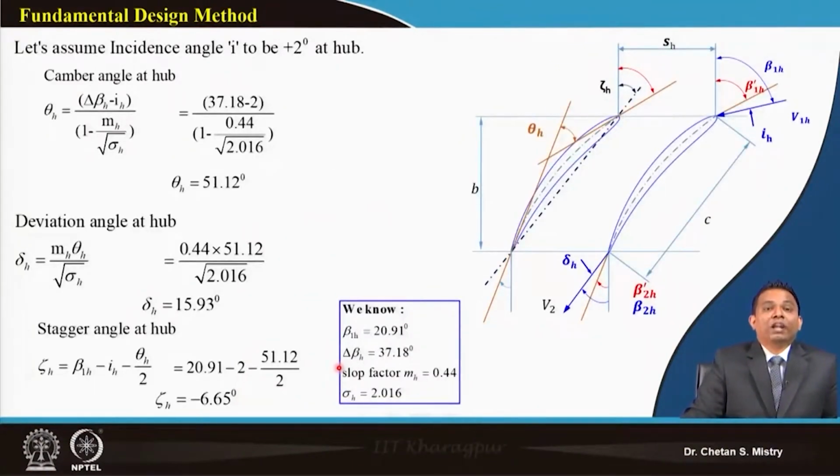We can also calculate the camber angle, the deviation angle, and the stagger angle at the hub. The camber angle is coming 51.12 degree, my deviation angle is coming 15.93, and my stagger angle is coming minus 6.65.